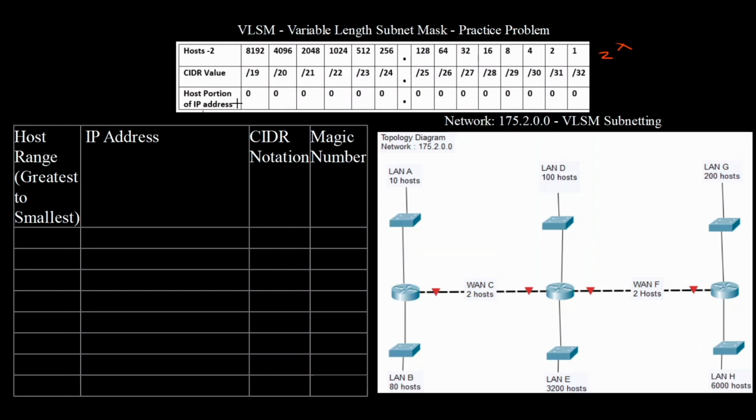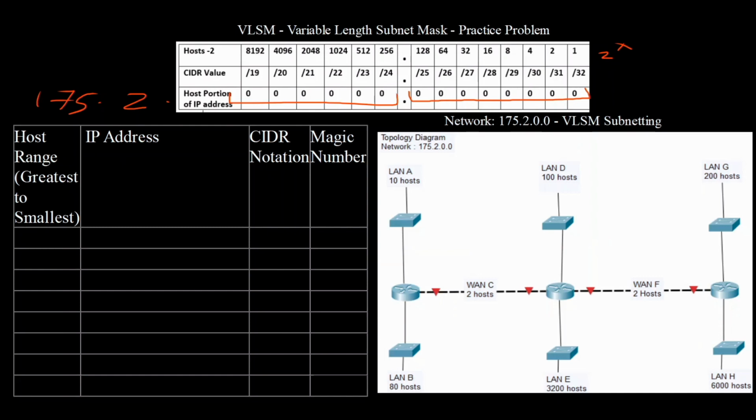Here I have the host portion of an IP address, and this will help me find the binary bits. It's also going to help me determine which octet I am on. This is my 4th octet, and this is the 3rd octet, and the 2nd and 1st octets are basically my network portion, which is 175.2.